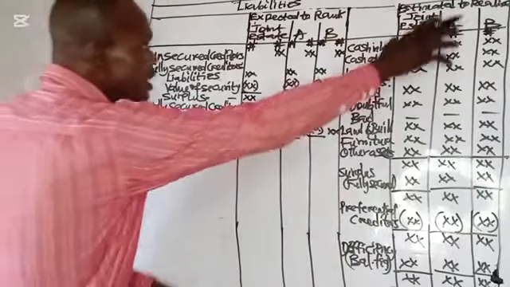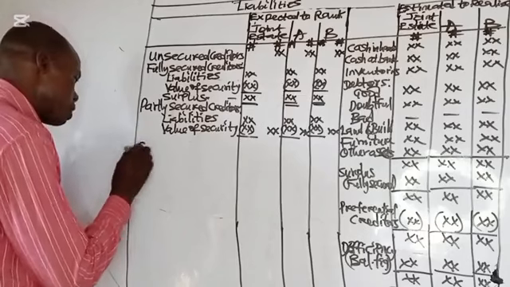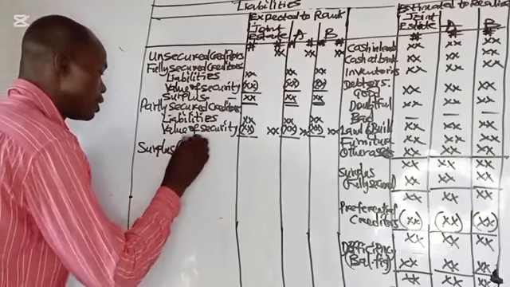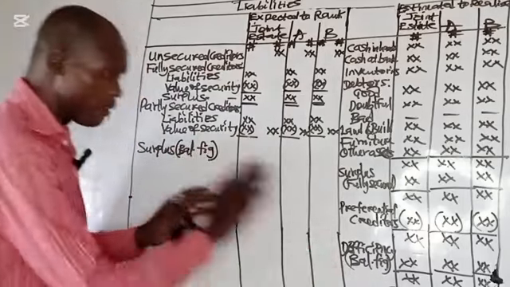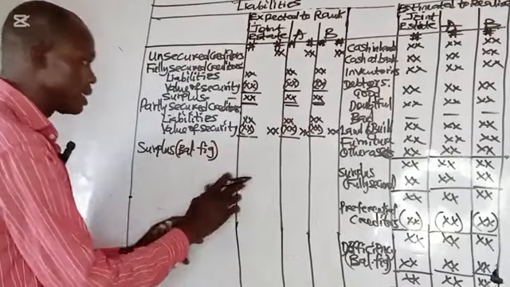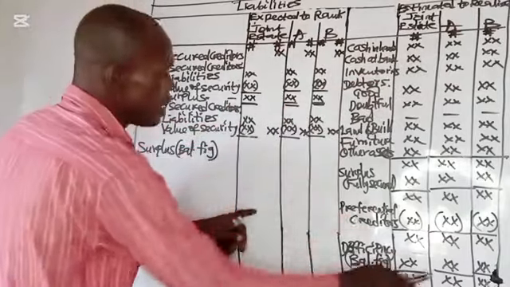But if the credit side is greater than the debit side, you have the surplus. The surplus here will be the balancing figure. You either have surplus or deficiency, not both. I'm giving you both in the format. It is possible the joint estate may be having deficiency, while B will be having a surplus.